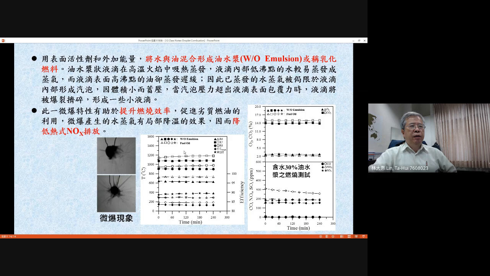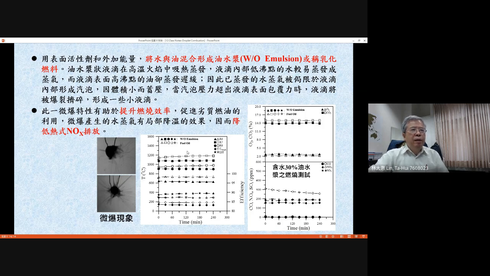You will see the temperatures for fuel oil are all higher than those for the water oil emulsion, which means that inside your combustion chamber, fuel oil burning gives a higher temperature distribution, but the application of water oil emulsion provides a lower temperature distribution. This is the second comparison you need to know.